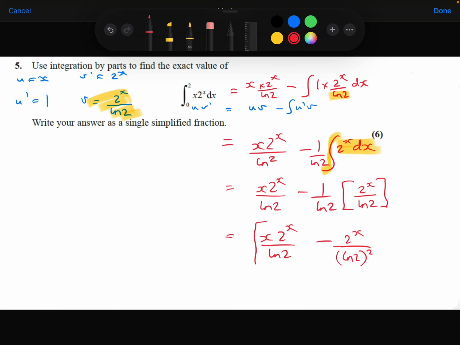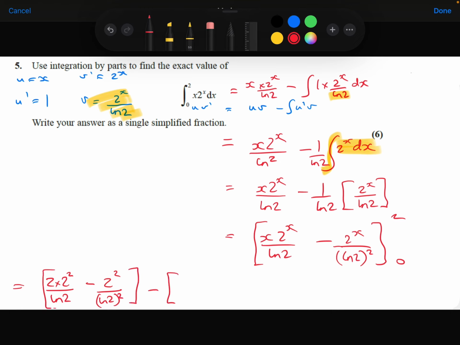Right, let's substitute our limits in of 2 and 0. So substitute the 2 first, we get 2 times 2 to the power 2 over ln2 minus 2 to the power 2 over ln2 squared.